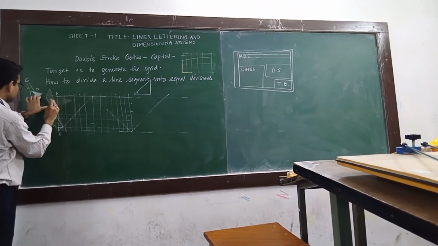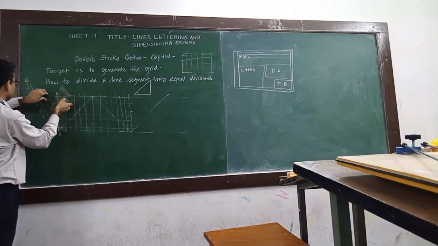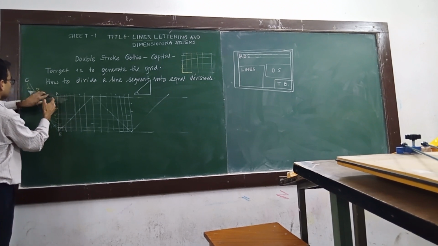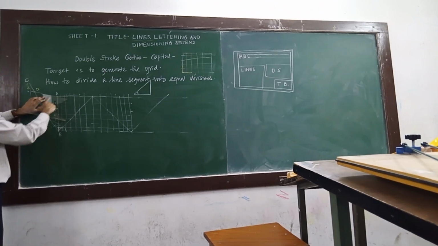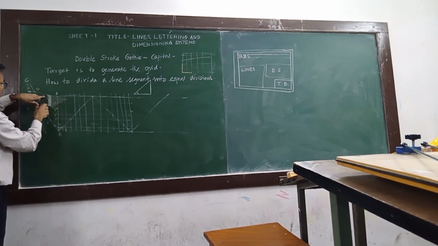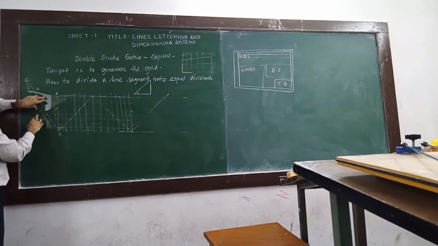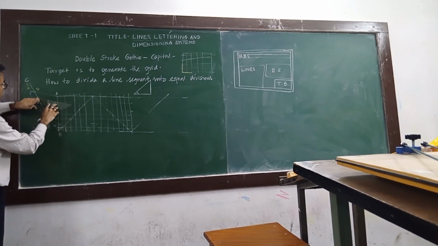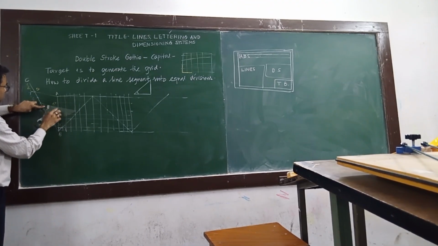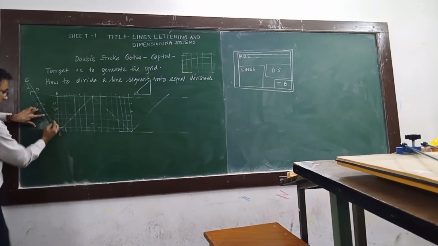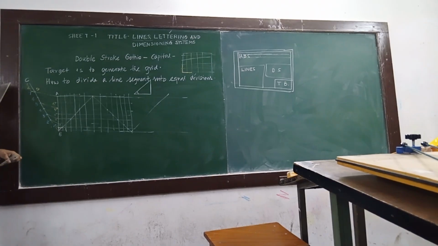Clear? Next, what you will do is, just align this point and this point. Then place another set square here. Just fix this and slide it. That means it will translate. So fix this and translate this.